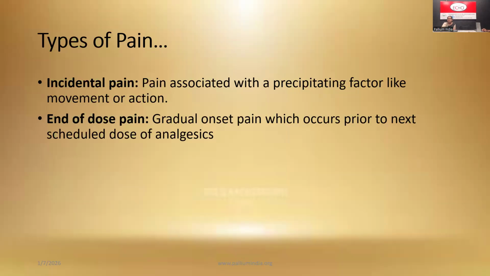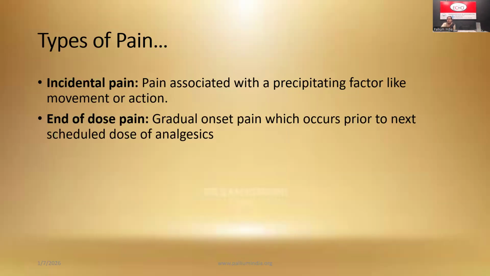Okay, these are important. Why? Suppose a patient is having continuous pain and the pain relief is not adequate, and from the history we can identify whether it is end of dose pain. If it is end of dose pain alone, we can increase the dose or increase the frequency of the medicine and manage the pain.